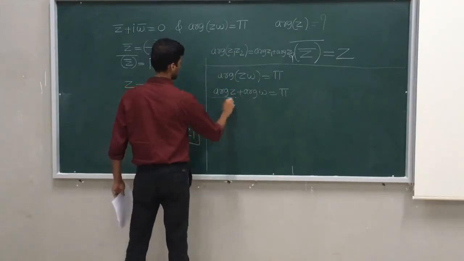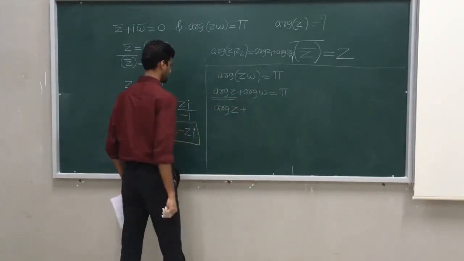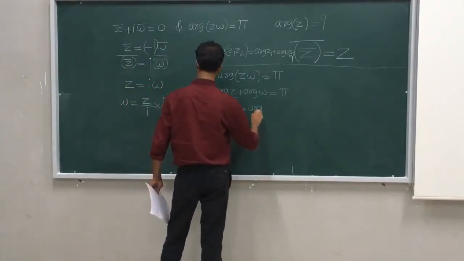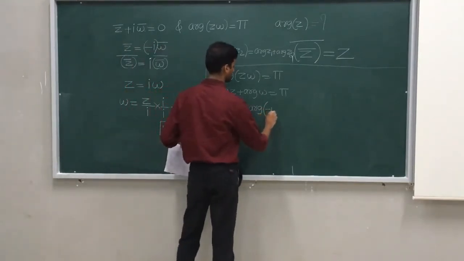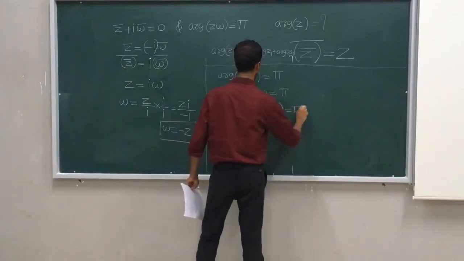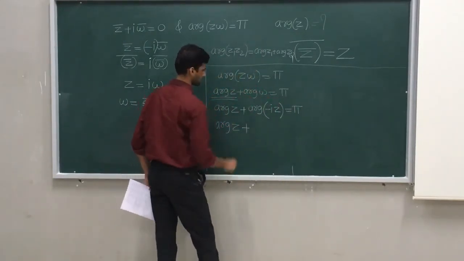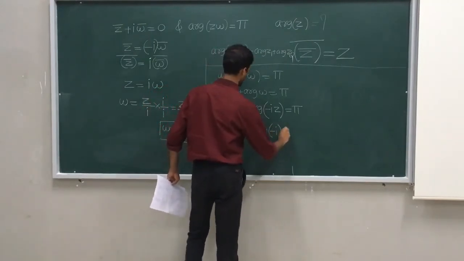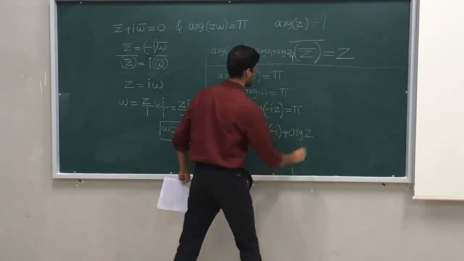I want the argument of z, so I won't touch this along. Plus argument of omega is nothing but minus i, equal to pi. Again I will treat this as argument of z plus argument of minus i plus argument of z equal to pi.